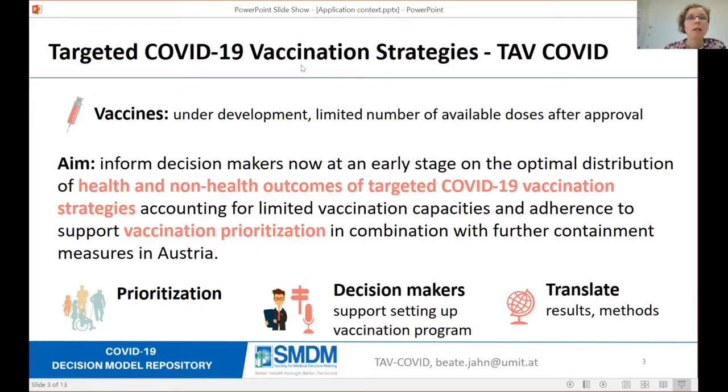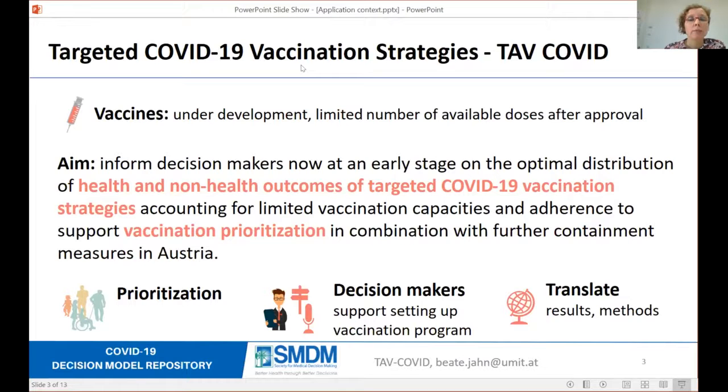The results of our project will support setting up vaccination programs, including information campaigns and installing vaccination sites ahead. We also aim to support international modeling teams and decision makers.